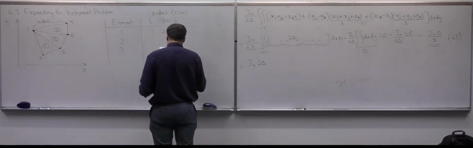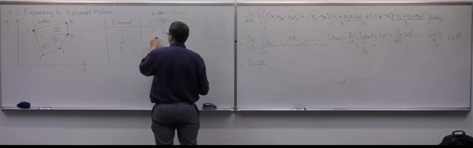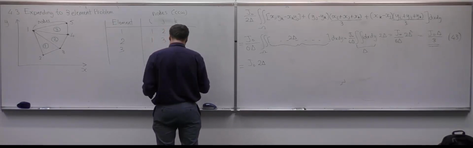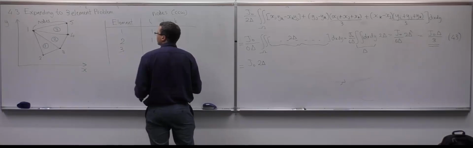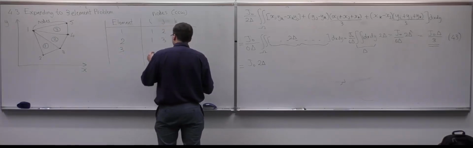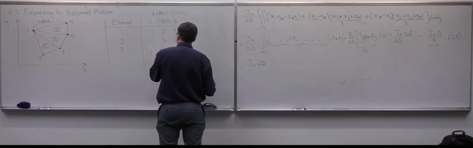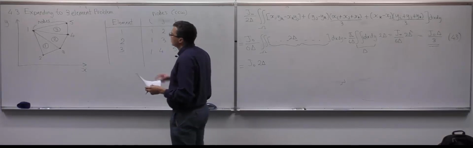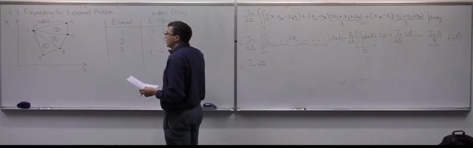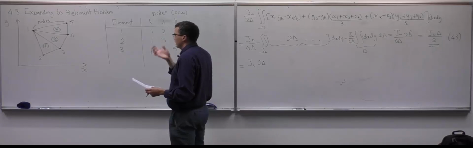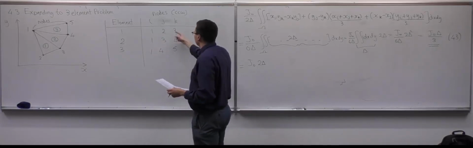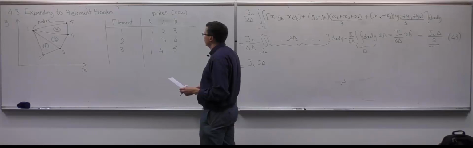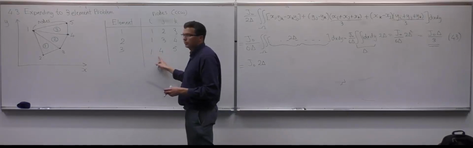And then element 2 is 1, 3, 4. And element 3 is 1, 4, 5. So we have 3 elements, and with those 3 elements there's just 5 nodes. So we need to keep track of which element has which nodes.